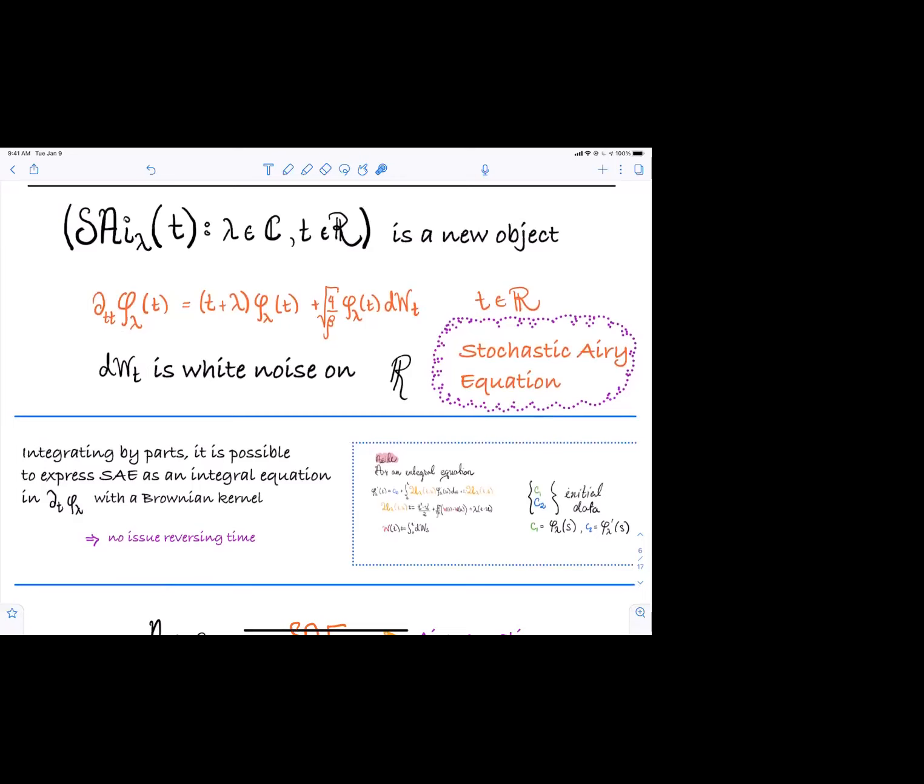If you took another derivative of it, you would need to start talking about what you mean. But this is formulated as an Ito equation, and dt phi lambda can be formulated as just an integral equation with a random term.